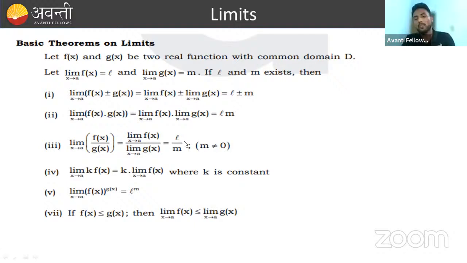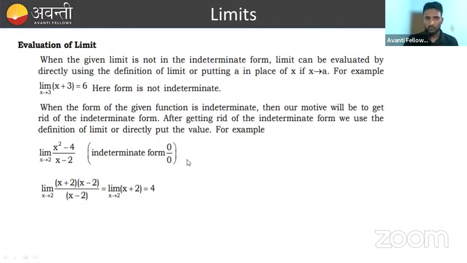Okay, so now evaluation of limits, we have seen how to find the limit. If the function is not in indeterminate form, it is very easy. If you put the limiting value, like x plus 3 with x tending to 3, you get 3 plus 3 equals 6.